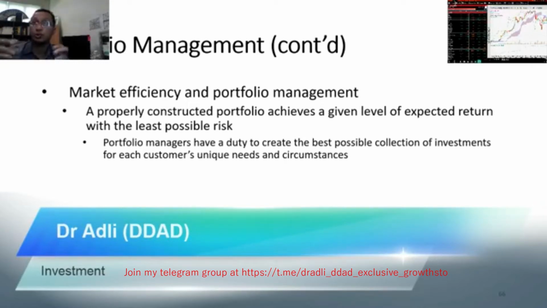Portfolio managers have a duty to create the best possible collection of investments for each customer's unique needs and circumstances, because every investor has a different risk tolerance and risk profile. So we have to look at their unique needs and circumstances.